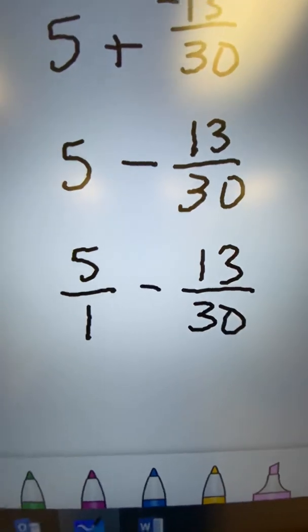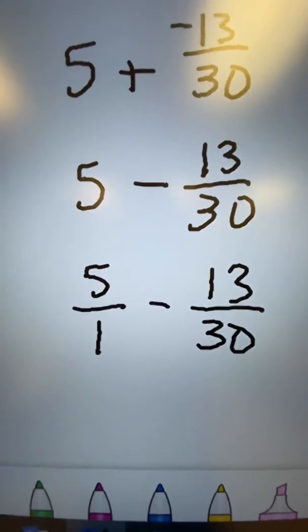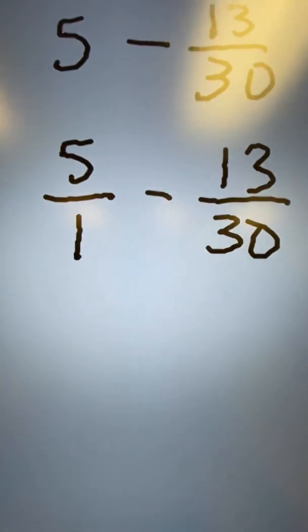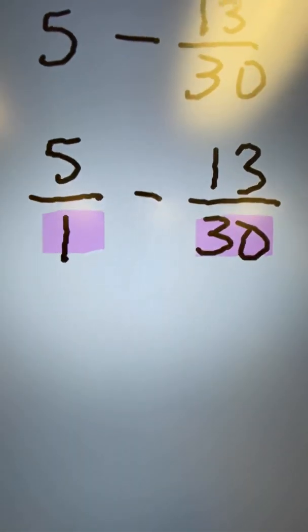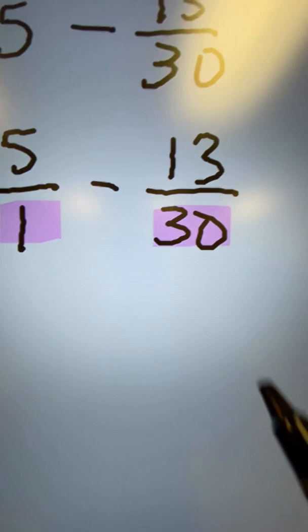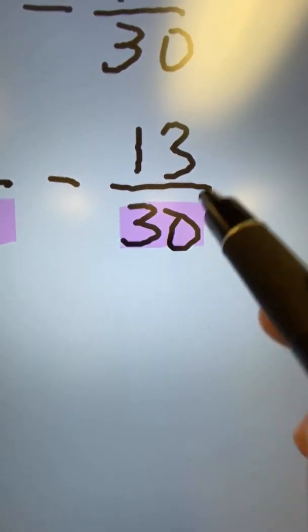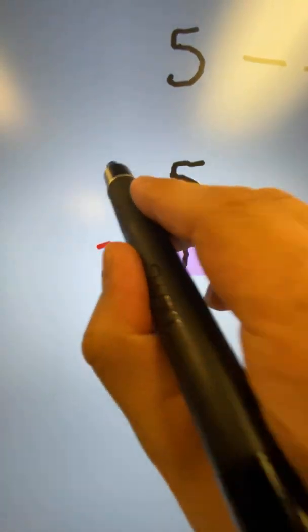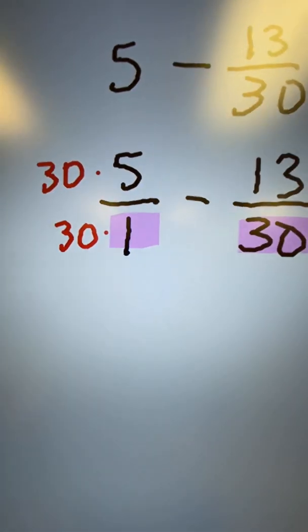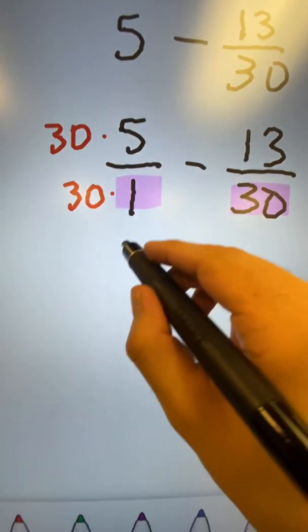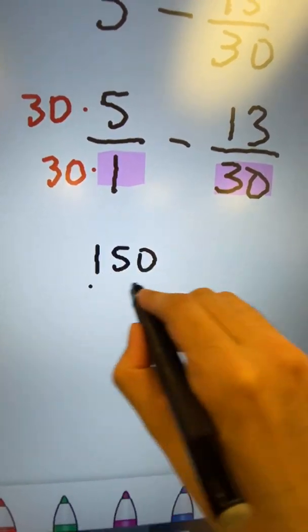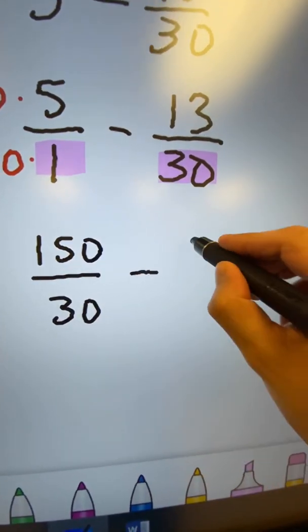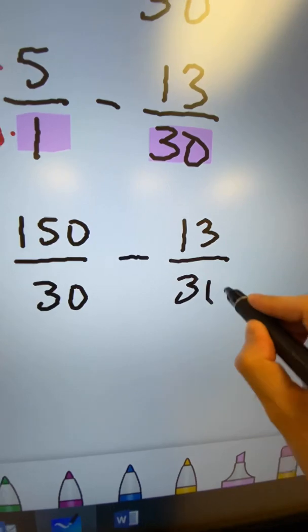Next, I'm going to need a common denominator in order to combine these two fractions. The least common multiple for 1 and 30 is going to be 30, which means this one, I don't have to do anything to rewrite because it's already a 30. But this one, I have to multiply by 30 to make it into a 30. Then I'll do the same to the numerator. Next, I'm going to simplify. 5 times 30, I get 150 over 30 minus 13 over 30.